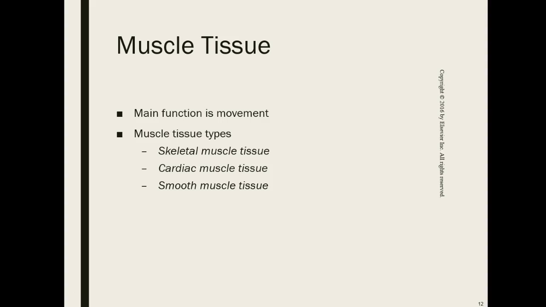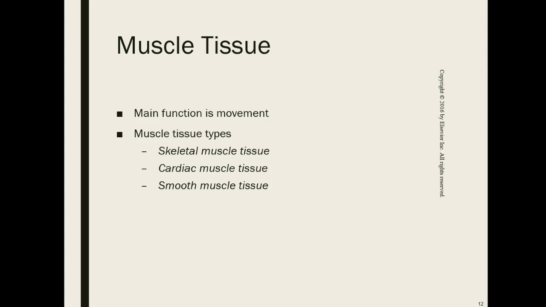So striated refers to the microscopic view of the skeletal muscle, and then voluntary comes from the fact that we can control our skeletal muscles. We can think, oh, I need to move my arm, and then we know that we need to engage the biceps, and we're going to be able to move that muscle, move the arm.